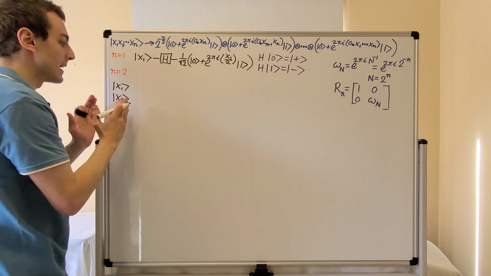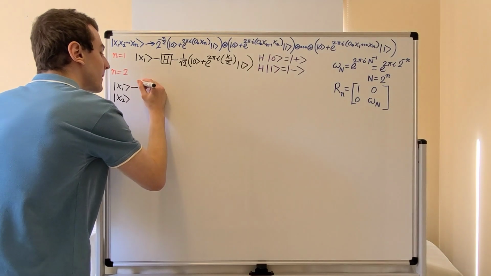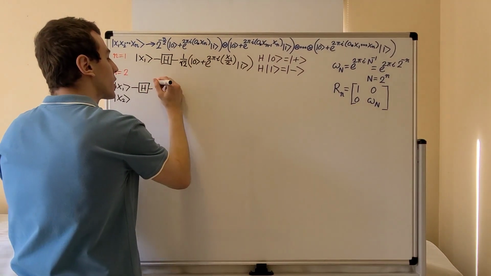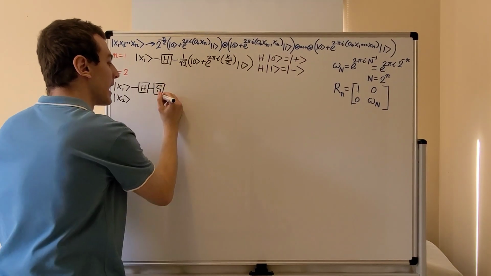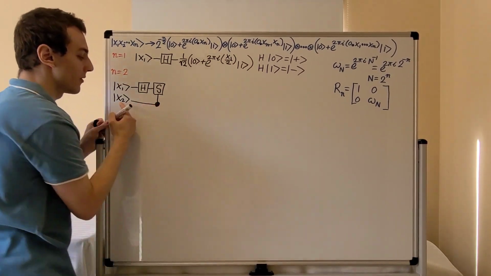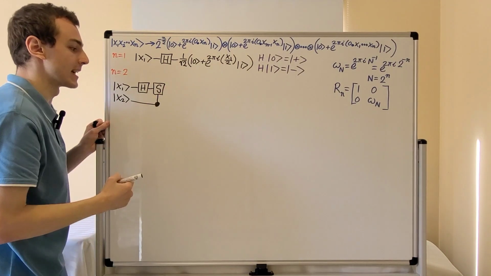So when we initialize this in a computational basis state, we can apply the Hadamard gate, and then we're going to apply the controlled S gate. So this is S over here, and it's a controlled gate. And the value of x2 is going to control whether or not we apply this S gate.